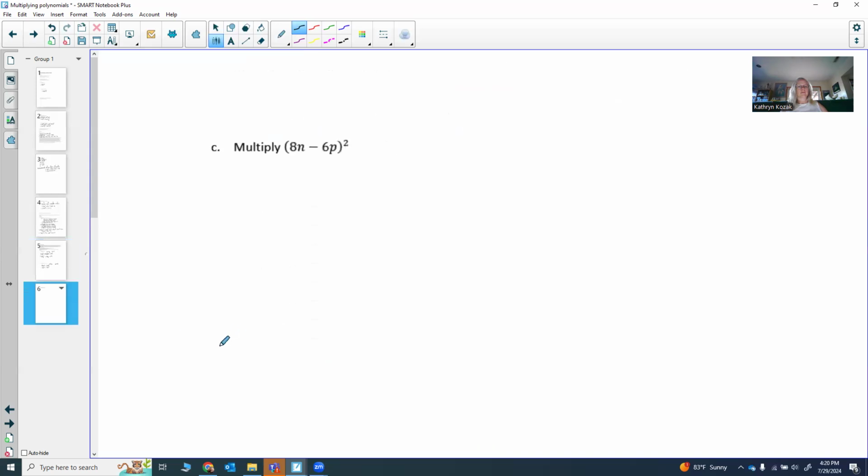One more example is multiply out 8n minus 6p squared. Again, this is the binomial square formula. You just need again to figure out what a and b are. In this example, a is equal to 8n and b is equal to 6p.